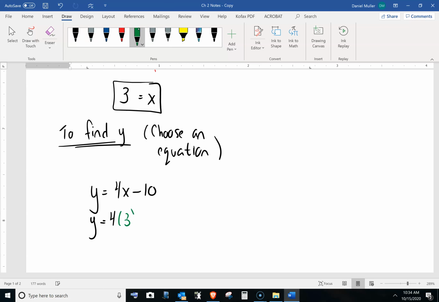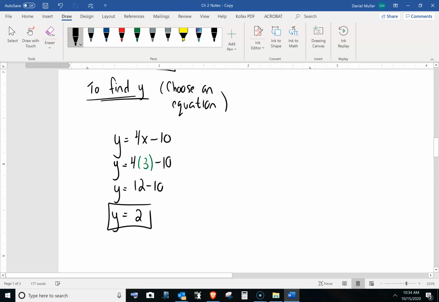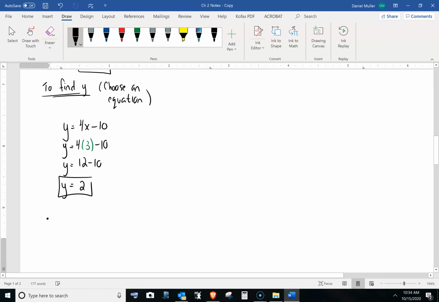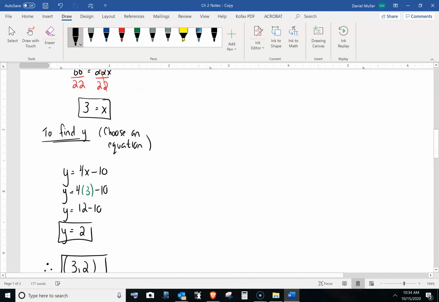We just found it. And then I can just finish up here. 4 times 3 is 12 minus 10. And 12 minus 10 is 2. So we can put a little therefore here. Therefore, our point is 3, 2. Yeah. So that's how you do that.